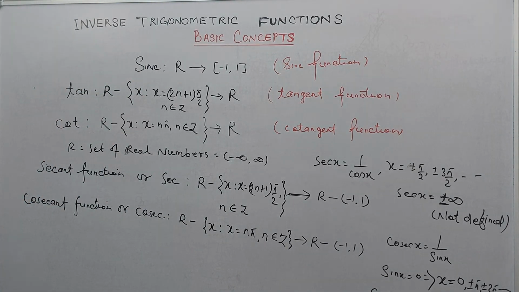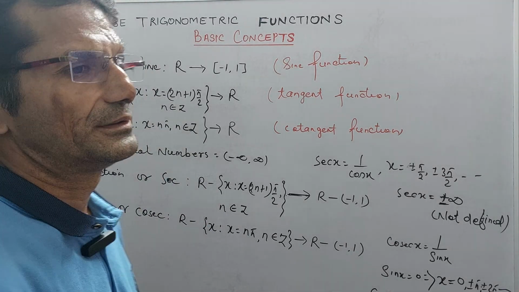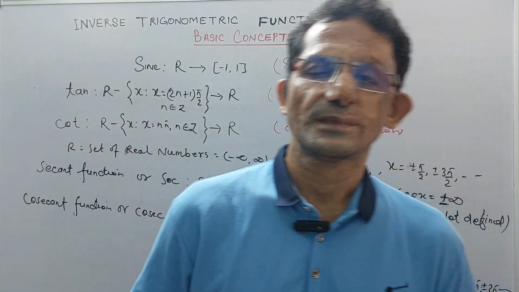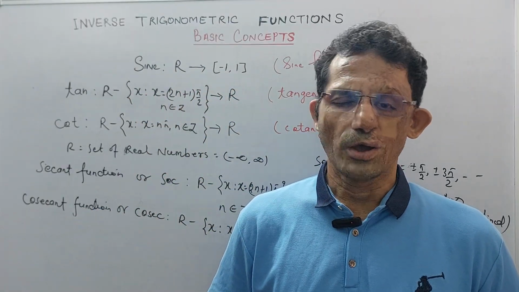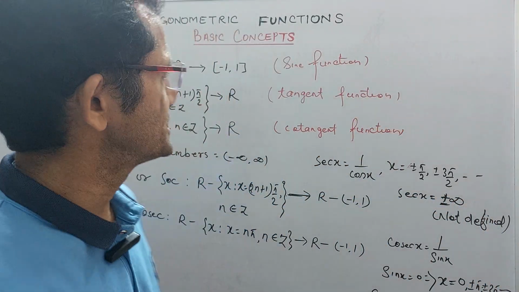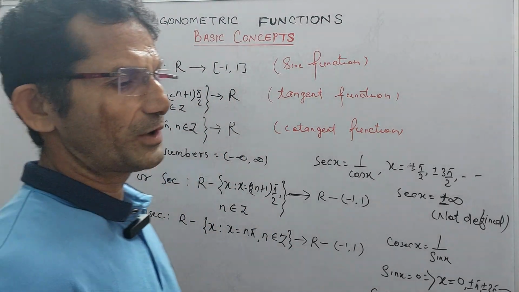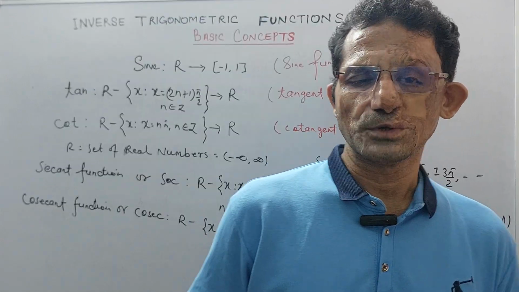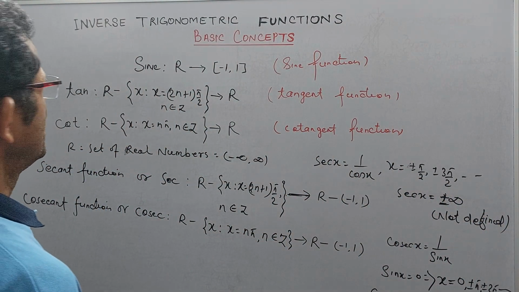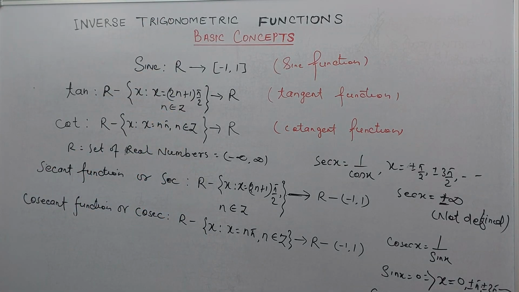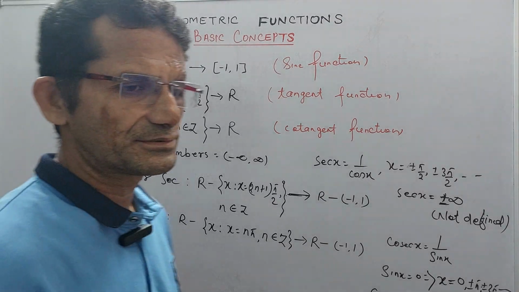If we restrict the domain of these trigonometric functions to some intervals, then they become one-one onto. For every one-one onto function there would be an inverse, and if the function is one-one onto, its inverse is also one-one onto. Let us discuss the next function. We have the sine function, and then we go in series: sine, cosine, tangent, cotangent, secant and cosecant functions one by one.